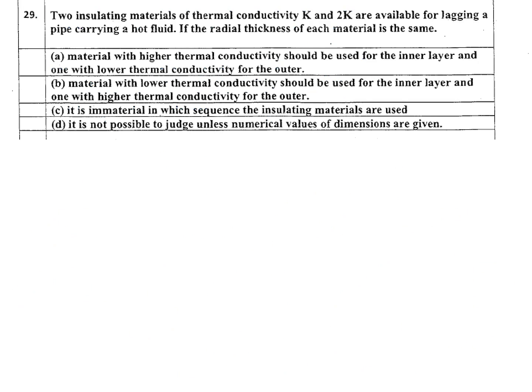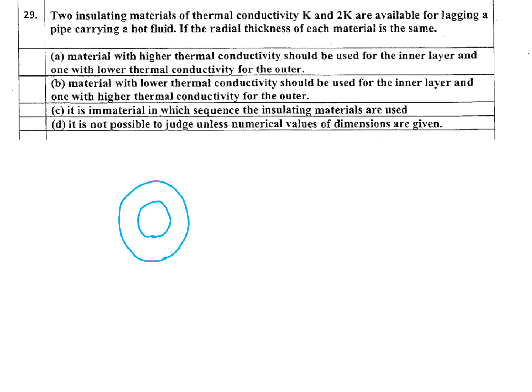Two insulating materials of thermal conductivity K and 2K are available for lagging a pipe carrying a hot fluid. If the radial thickness of each material is the same, this is also important: which one do you have to put on the inner side and which one on the outer side?